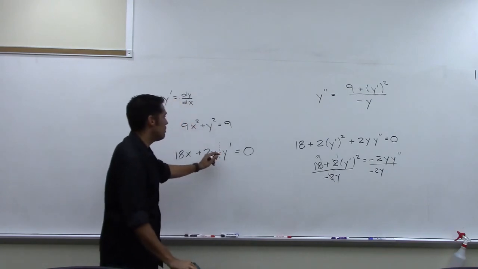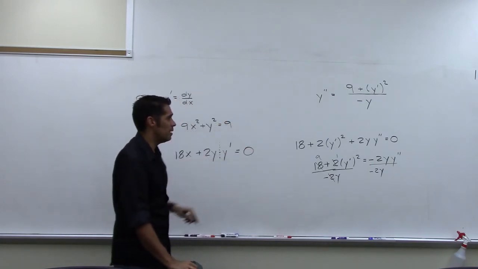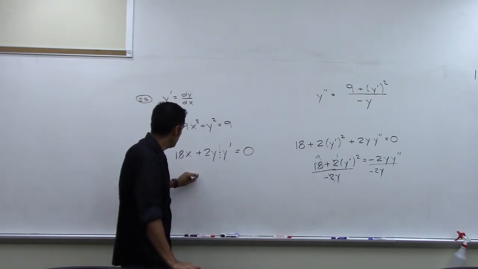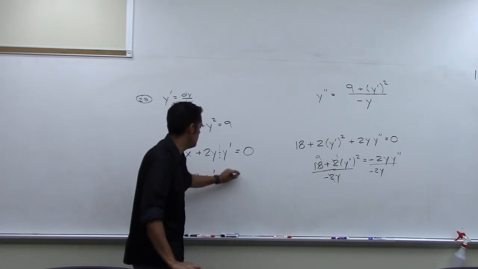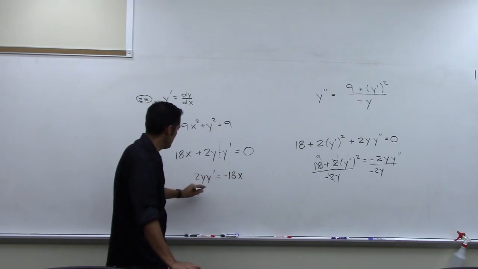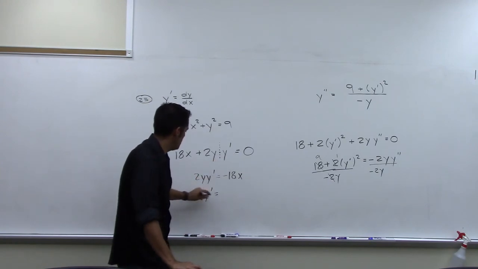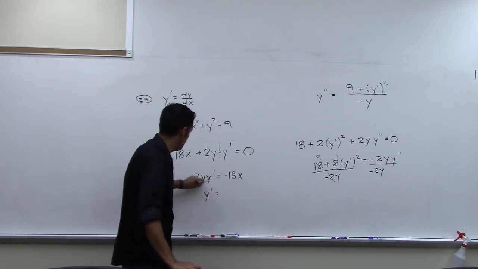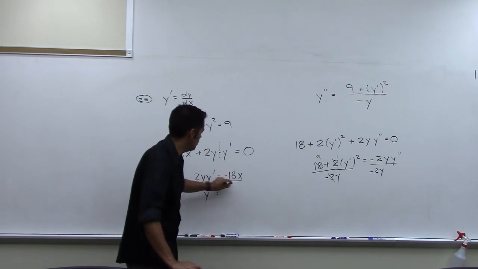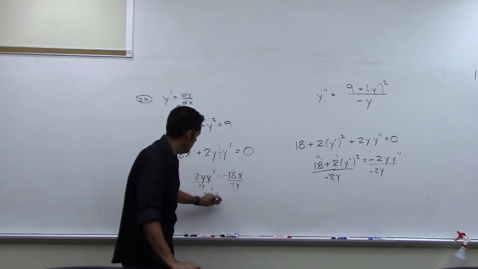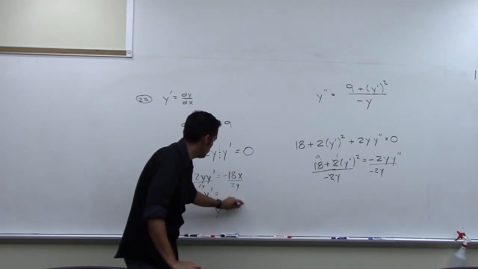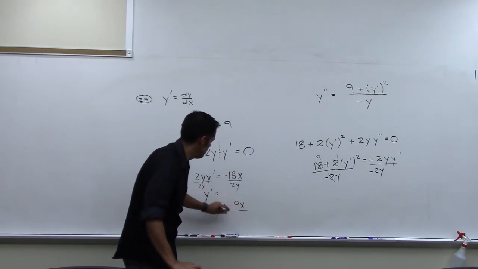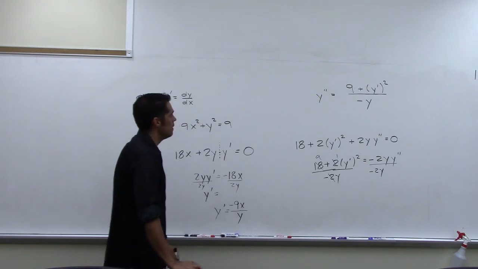Let's solve for y prime on this one so we can plug it in up there. If I solve for y prime, I get 2y y prime equals negative 18x. I'm moving the 18x to the other side. If I divide by 2y, I get y prime equals negative 9x over y.